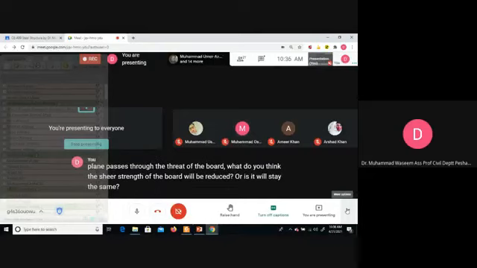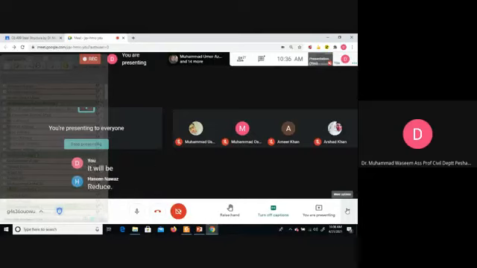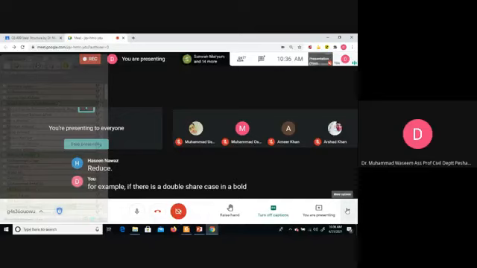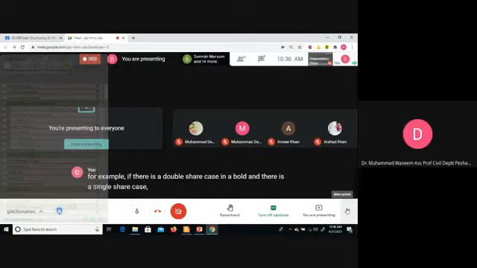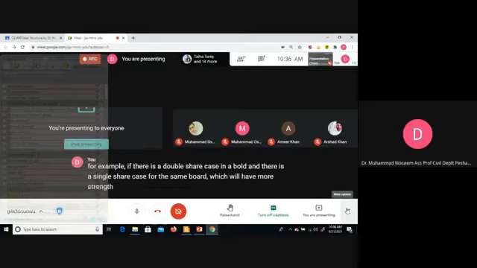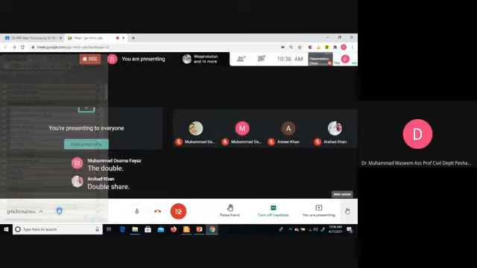It will be reduced. Okay. For example, if there is a double shear case in a bolt and there is a single shear case for the same bolt, which will have more strength? Double shear, sir.